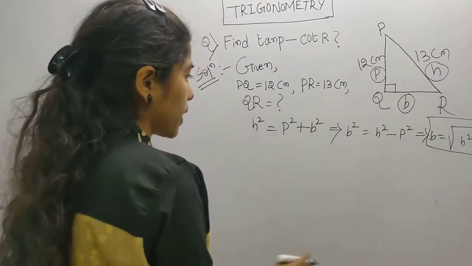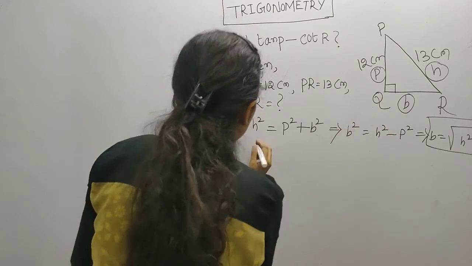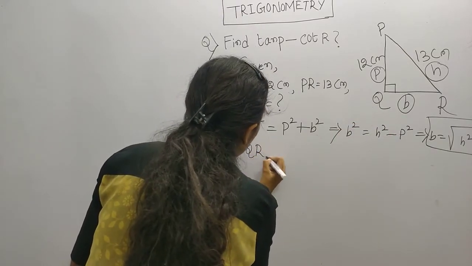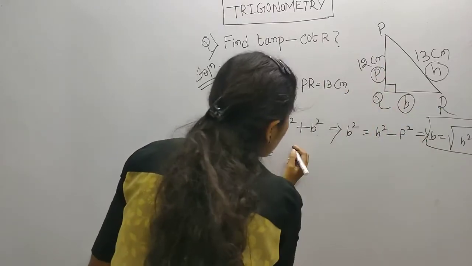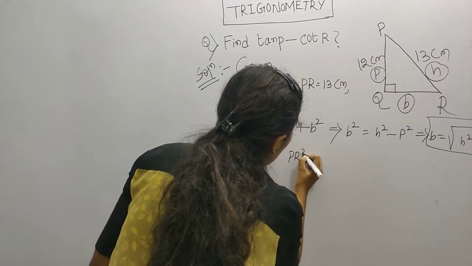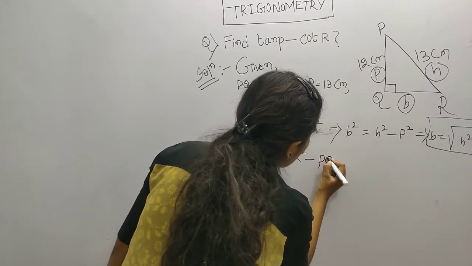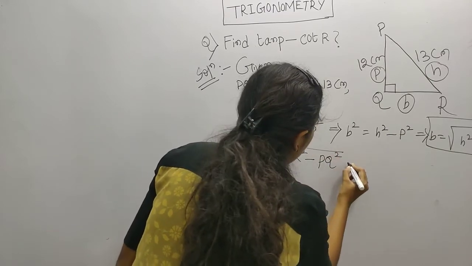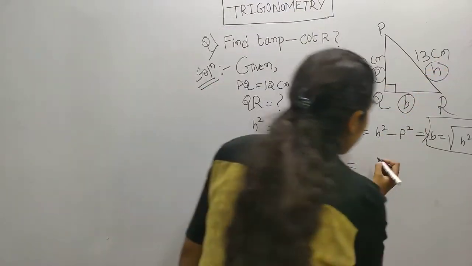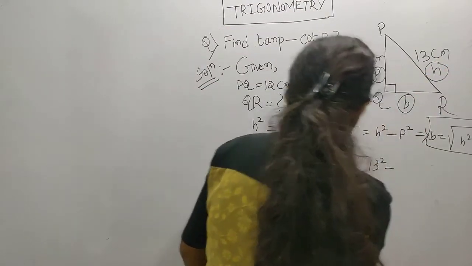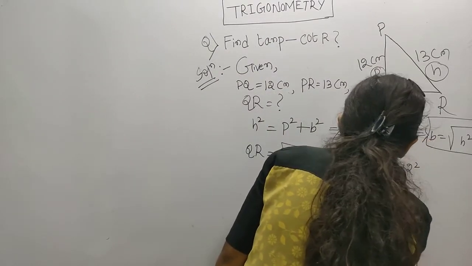Okay, so let's see base. Base is our QR. So QR equals root over, which is hypotenuse? Hypotenuse is PR. PR square minus perpendicular square, which is perpendicular? PQ. PR means 13 square minus PQ is 12, means 12 square, root.